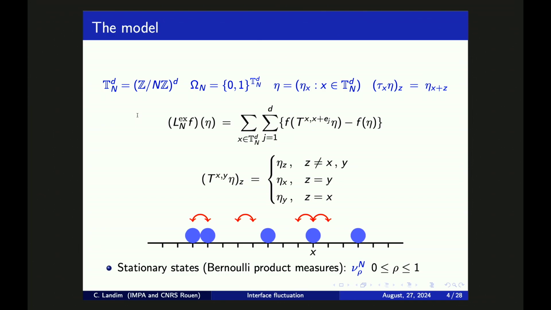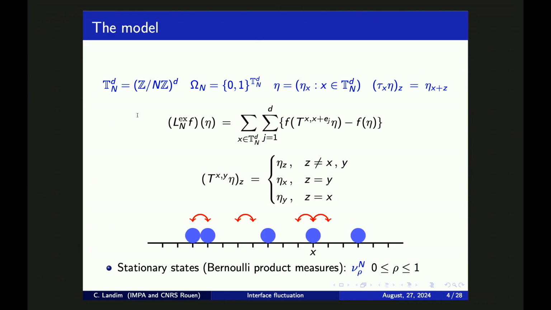If they are both empty or both occupied, nothing happens. If one of them is empty and the other occupied, you just exchange. You do that at each bond at rate 1 independently. And this is conservative, so the total number of particles is conserved.